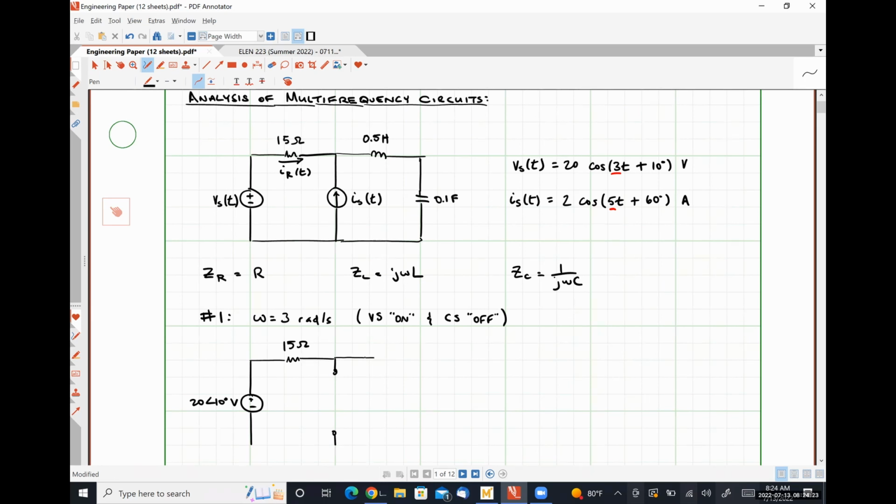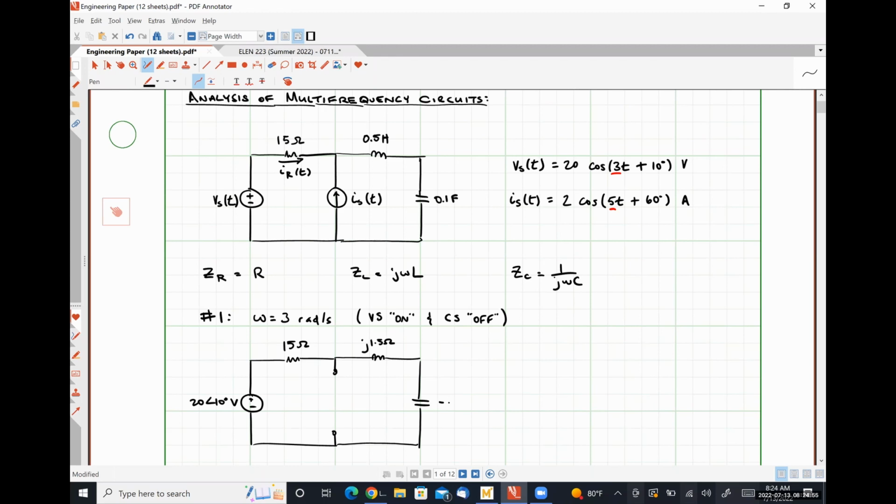Here we have our 1/2 Henry inductor, which at an angular frequency of 3 radians per second has an impedance of 3 times 0.5, so that's j1.5 ohms. And then here we have our capacitor. So 0.1 times 3 is going to look like 0.3, so 3/10.